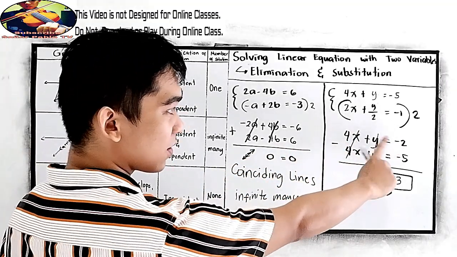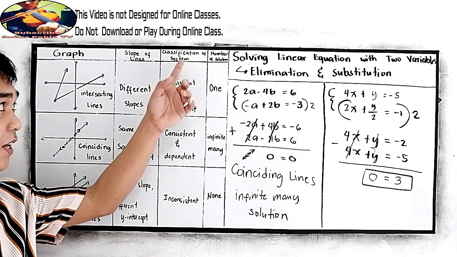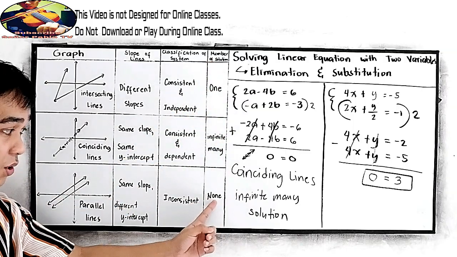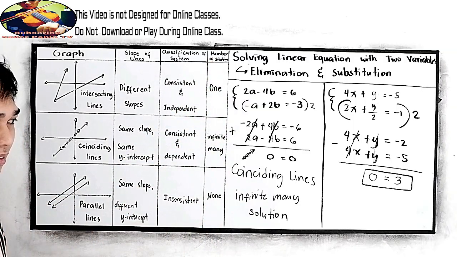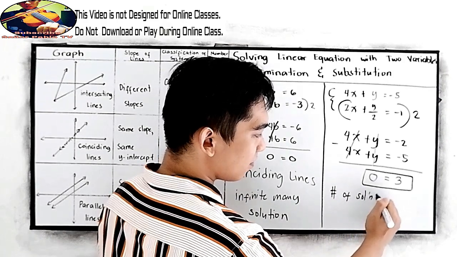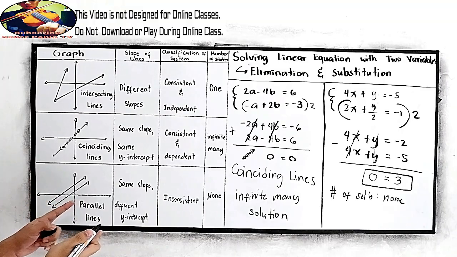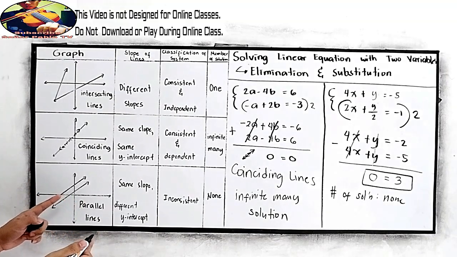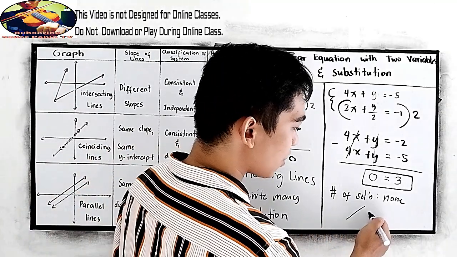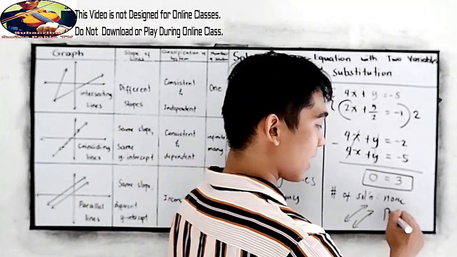Their slope is negative 4. And the classification of the system is inconsistent. And the number of solutions, there is none. Why none? Because our two lines will never meet at any point. Of course, in our graph, if we graph in our Cartesian plane, the two lines are parallel.